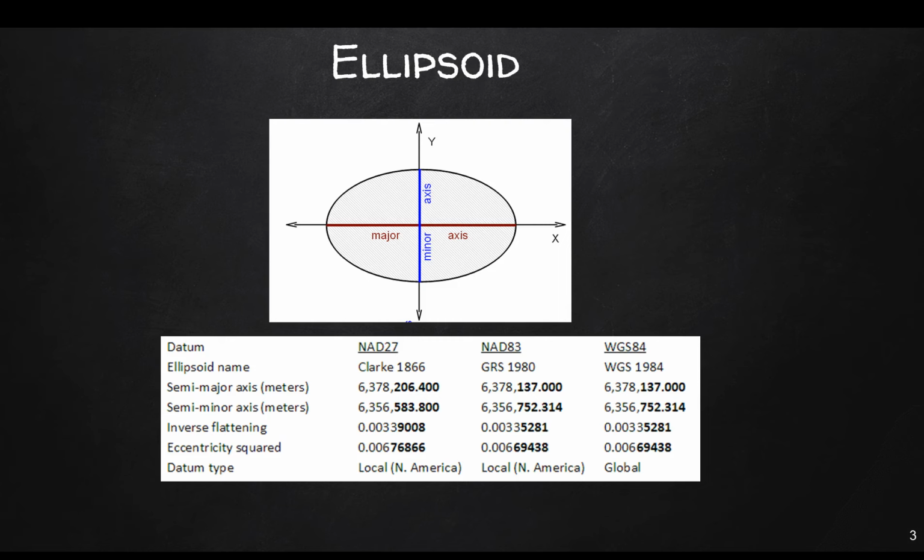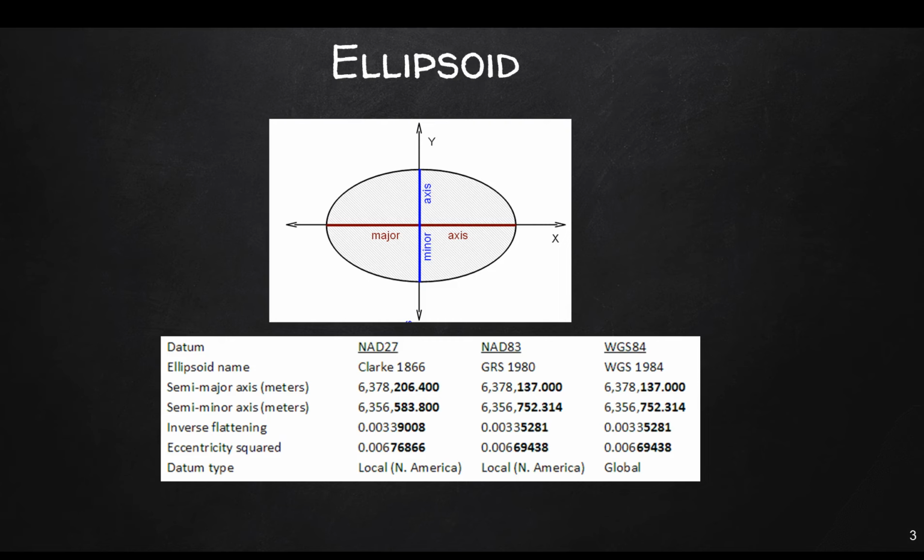We're going to discuss all these different ones coming up, but note that each datum has a different ellipsoid name: Clarke 1866, GRS 1980, WGS 1984. Recall that the ellipsoid defines the shape of the Earth, and we can see that each ellipsoid varies in its shape slightly by the semi-major and semi-minor axis numbers, which are shown in bold.